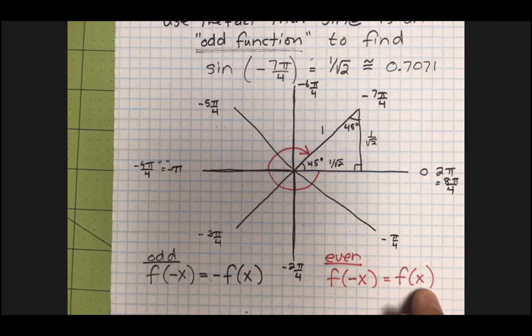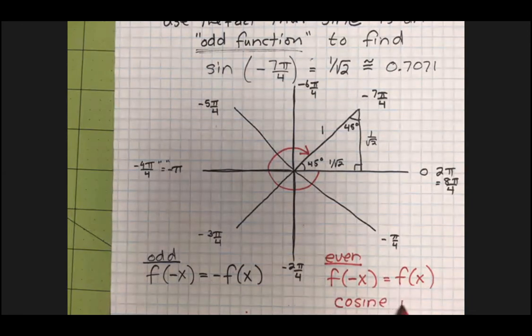So for example, cosine is an even function. You could check that out in many ways. Sine, according to this problem, they said sine is an odd function.